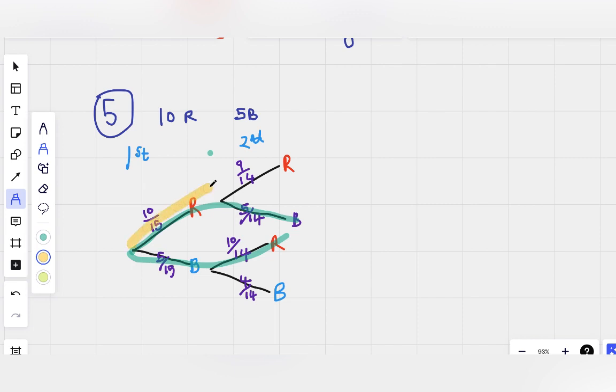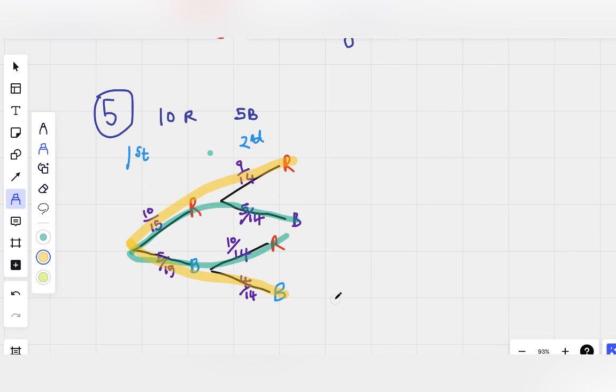Red and red, and blue or black, whatever we call it. So this times this, then plus this times this, in case the question comes in the exam. We should be able to understand this concept in detail, not just go through it and forget about it. Please try and get a hang of it.